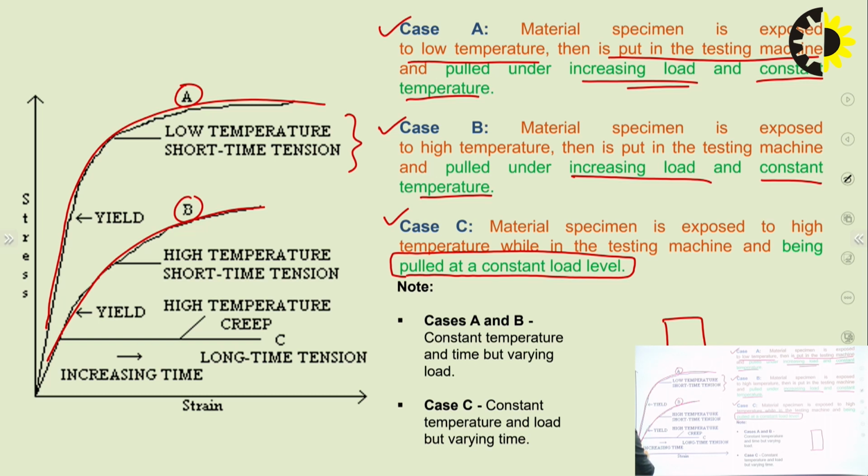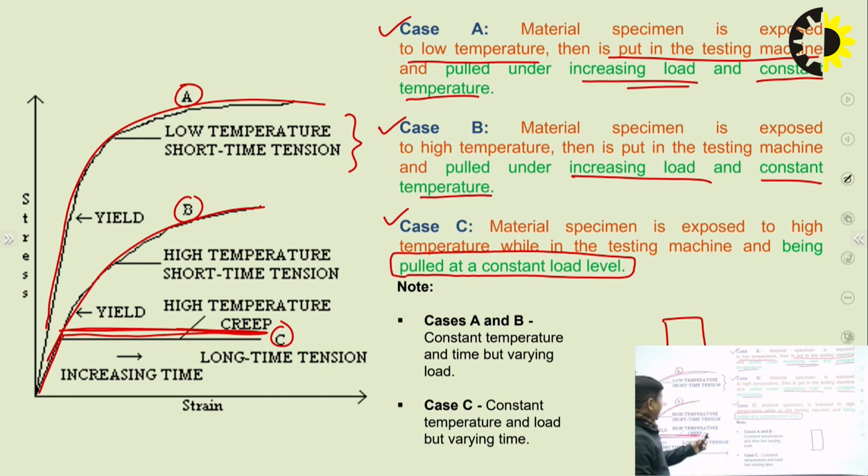See here, after the elastic limit, after some elastic range, it will be a straight line because of this constant load, and this is the case of creep. This is very important. The same material, the same specimen, can behave differently if you put a constant load over a longer period of time.